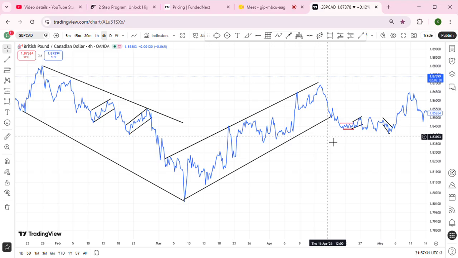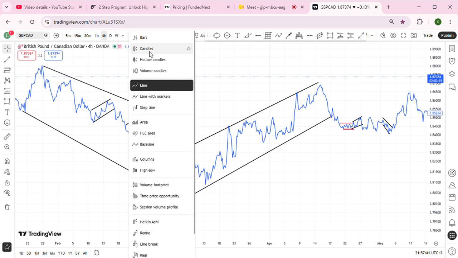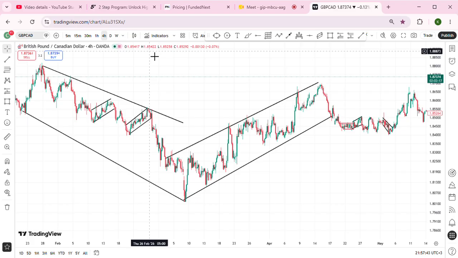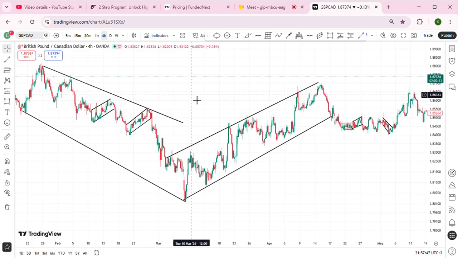Anyone with a question up to that point? Anybody with a question? So we have done more of it when our chart was in line graph. So when you take your charts back to candlesticks, you can clearly see everything is still very much okay.